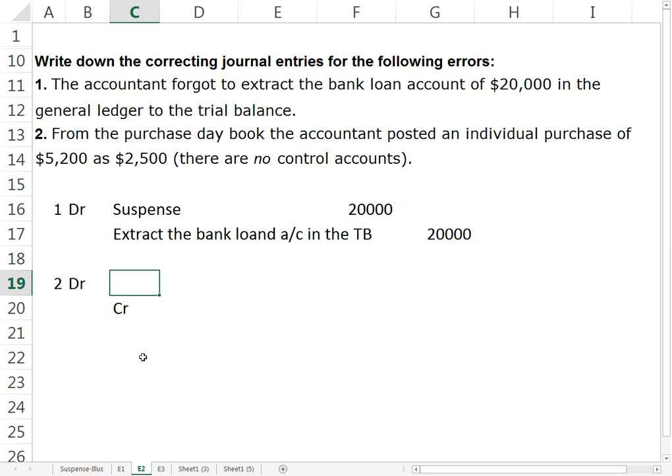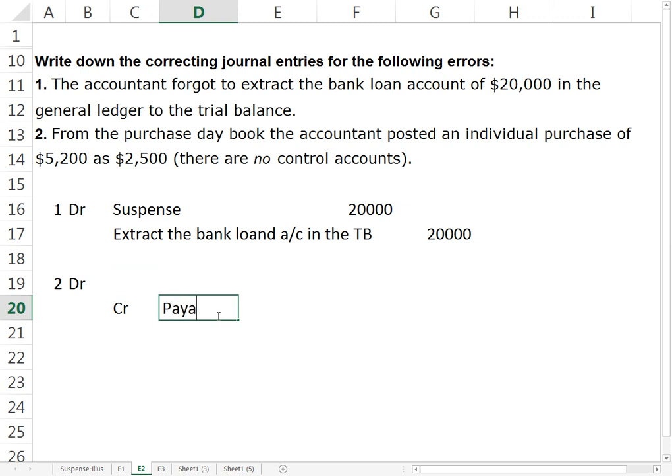So now we need to correct that account, don't we? We need to correct that account, and of course correct the suspense accounts that will catch the difference. Now, it's a transmission error with a difference of 2,700. In this case, that particular payable account has been understated by 2,700, so it needs to go up.